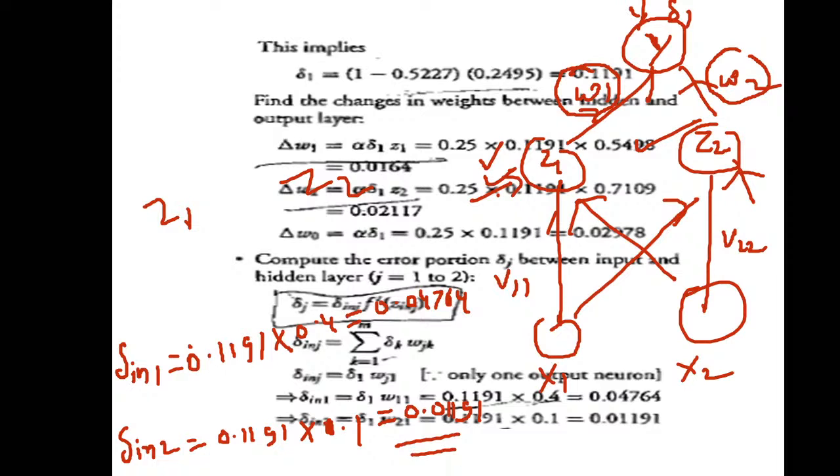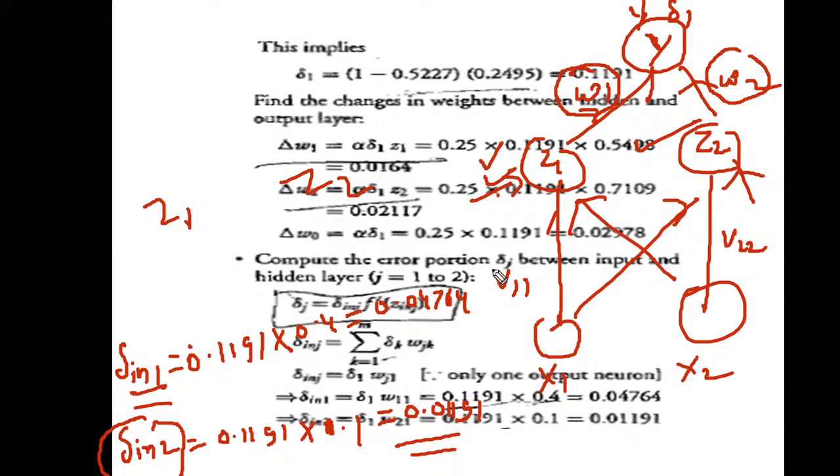So we have calculated the net input error at Z1, denoted by delta in 1, and the net input error at Z2, denoted by delta in 2.